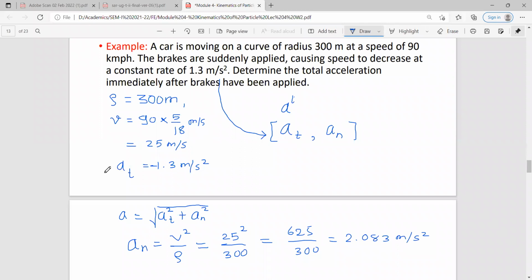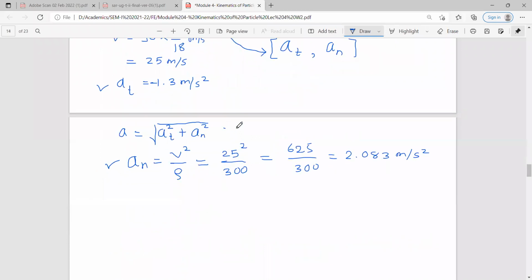So now both the components are known to you, tangential as well as normal. You can find out the total acceleration in magnitude as well as in direction. So magnitude का formula is this. ये हो गया हमारा acceleration magnitude का formula, and direction of acceleration can be found with respect to tangential component.